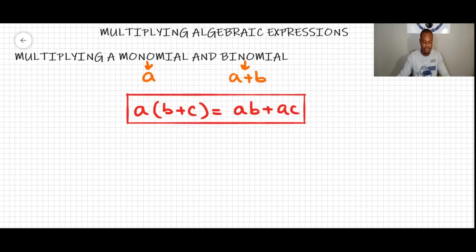It's when we do a times b and then a times c. You can say plus or minus here and plus or minus there. Okay, let's give an example.